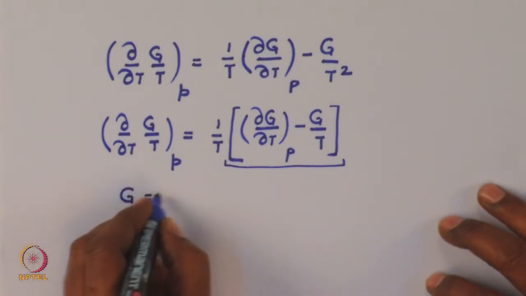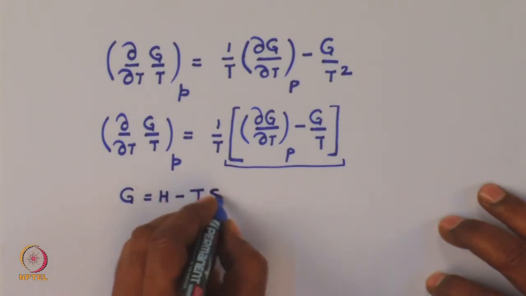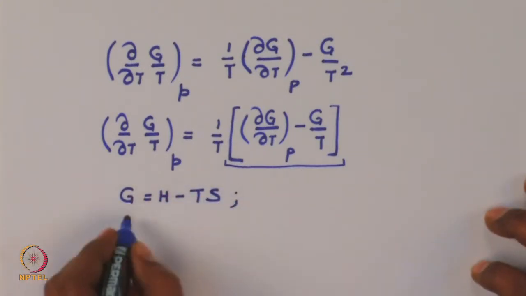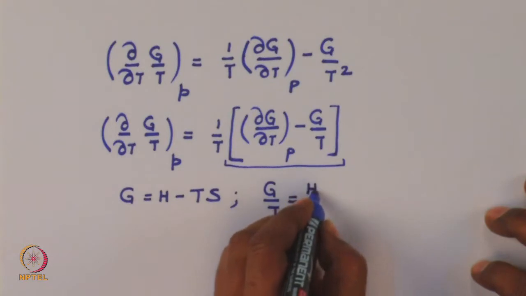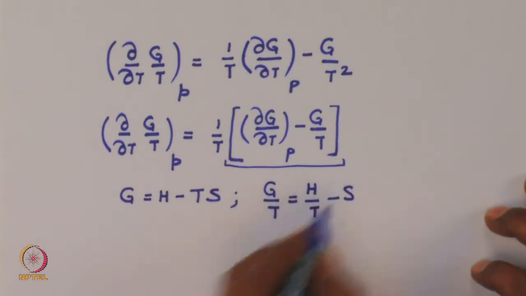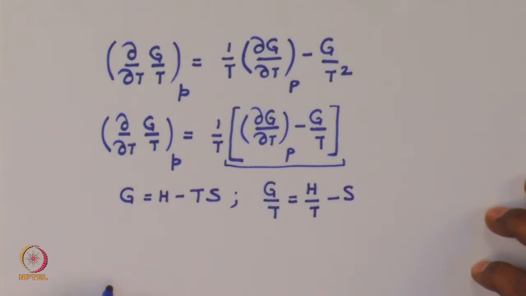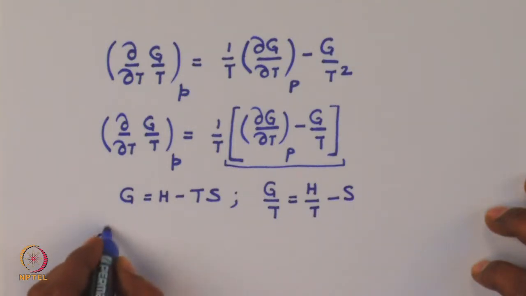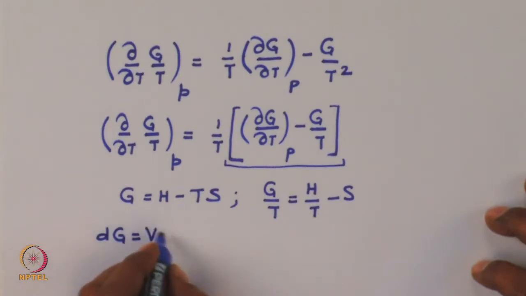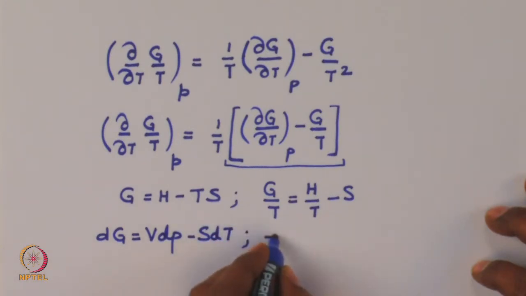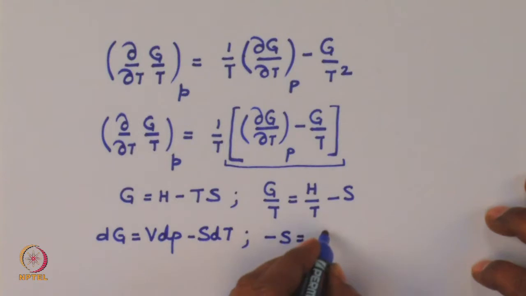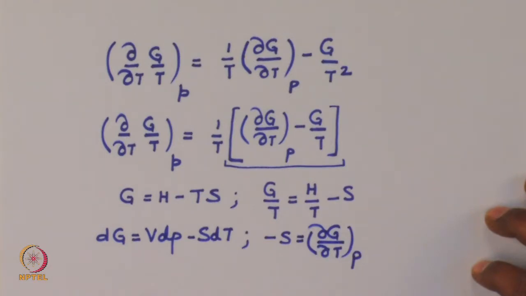G is equal to H minus TS, and from this equation I can write G by T is equal to H by T minus S, and from dG is equal to VdP minus SdT, we have minus S is equal to dou G by dou T at constant pressure. This we have discussed earlier.